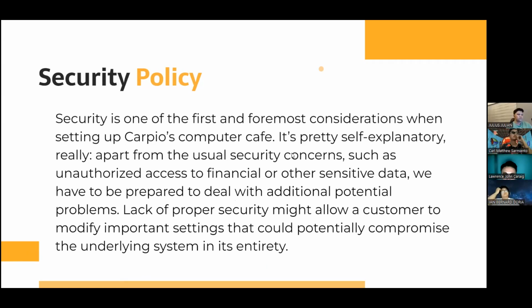Next is, to the extent that is possible, all machines should be managed centrally. Next is to take into account your customers' individual needs. And lastly, some of the most popular cyber cafe software solutions include a security manager that will help you monitor all your systems and allow you to change settings on the fly.